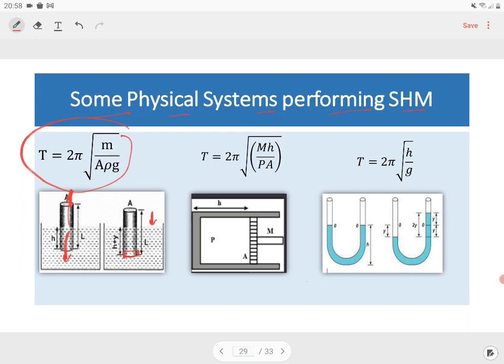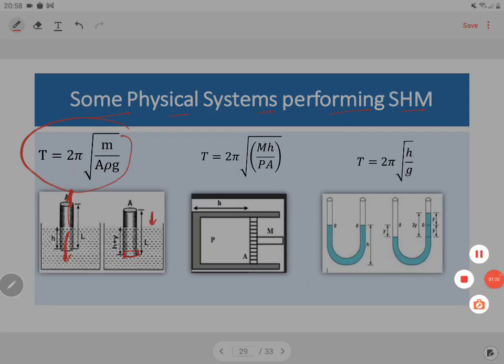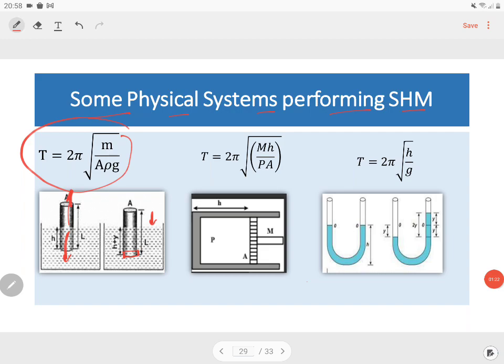It keeps on oscillating. The time period of this is 2 pi root over m by a rho g. Here m is the mass of the log of wood, a is the cross-sectional area of the log of wood, rho is the density and g is the acceleration due to gravity.